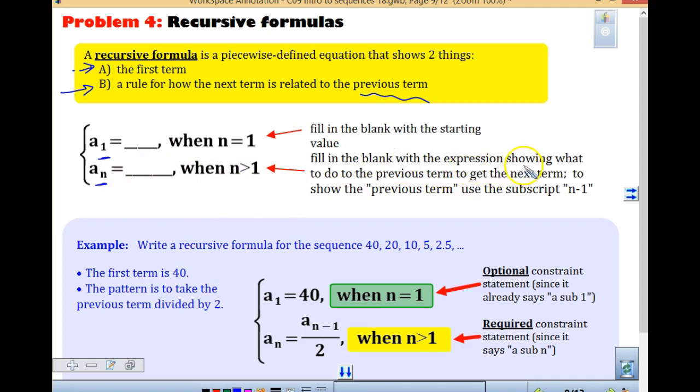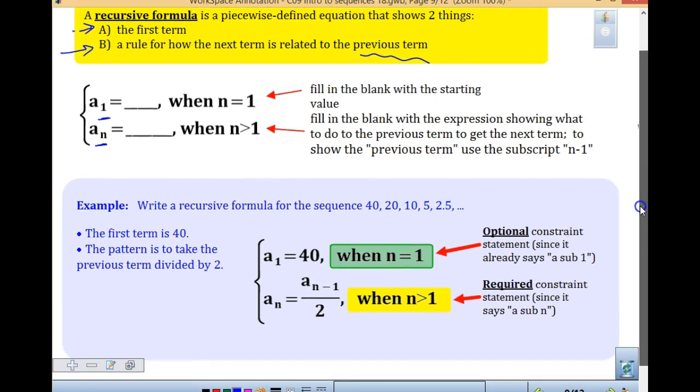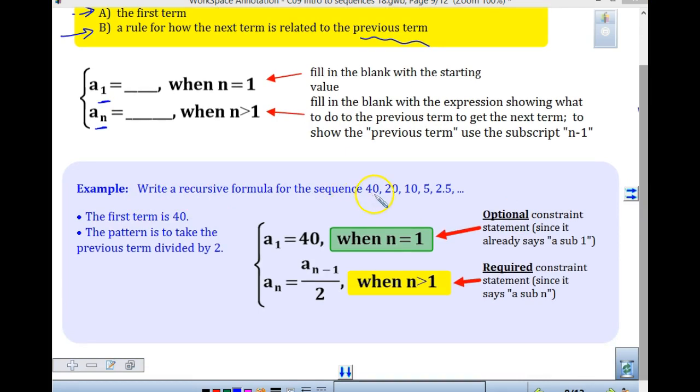It says fill in the blank for the expression showing what to do to the previous term to get the next term. Then you're going to show the previous term by subtracting, that subscript n minus 1, which just leaves us with n greater than 1. An example: 40, 20, 10, 5, 2.5. The first term, if we look at this, is 40.